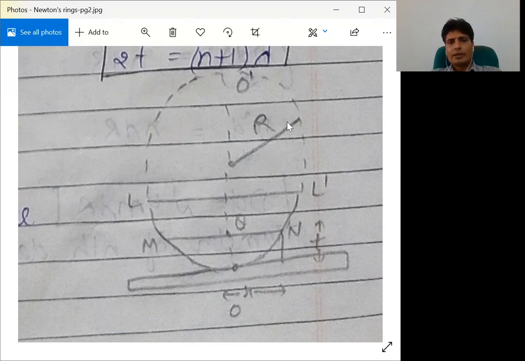If the radius is capital R, the diameter of this sphere will be equal to 2R. Since the distance from here to here is t, and this distance is 2R, the distance from here to here will be 2R minus t. And from here to here, if we consider the radius of the circular ring which will be formed over here, we take it as Rn.